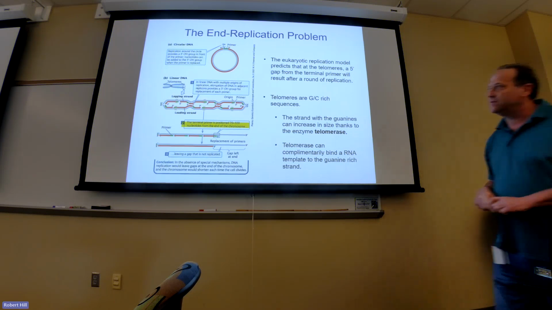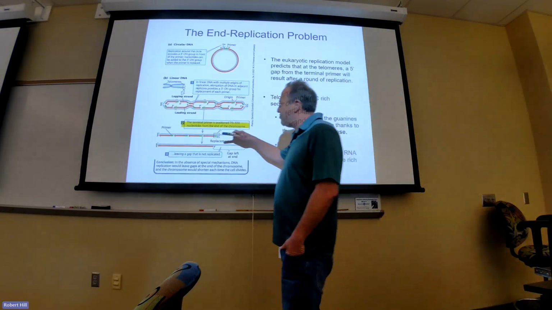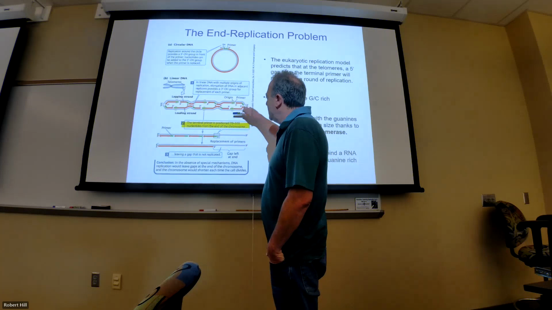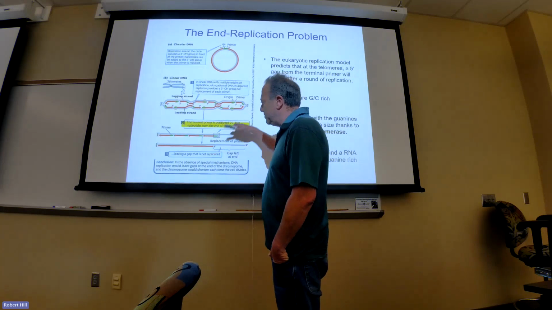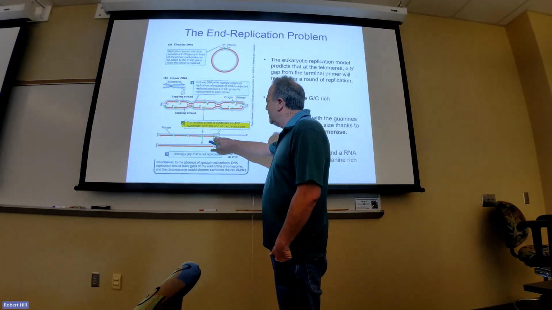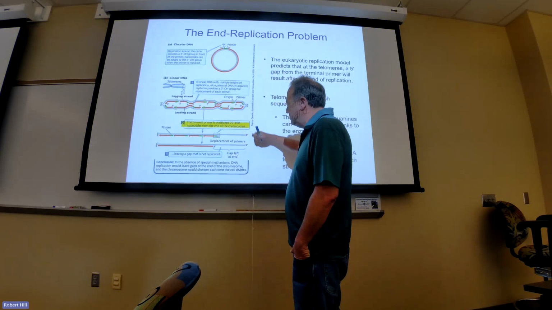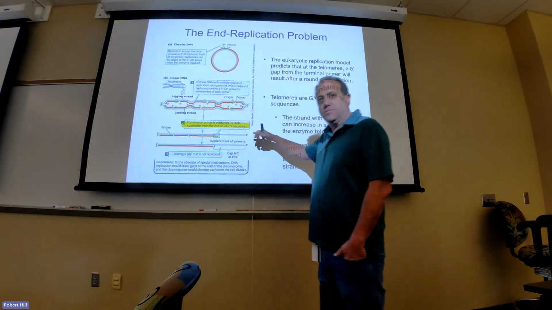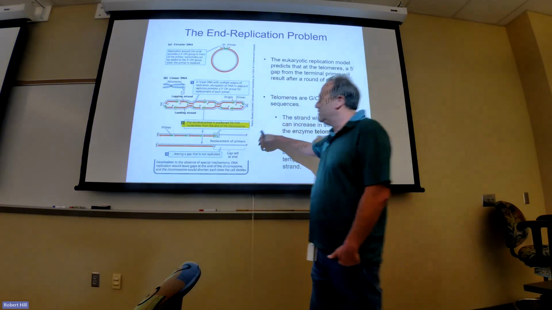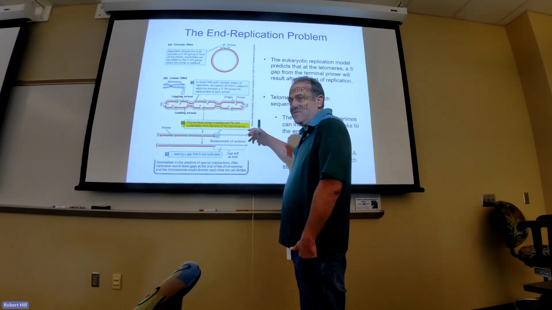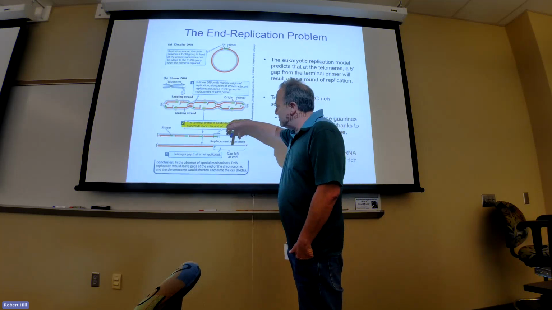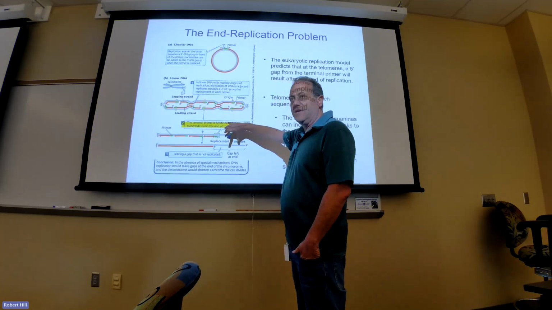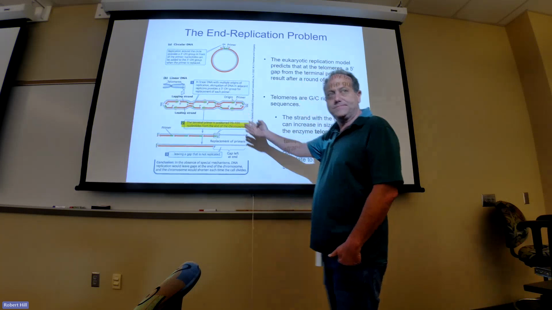And if you look over here, this is kind of blowing up the lagging strand. As you get to the end, you're going to be laying down more primers. And then you get to a point where you don't have any complementary base pairing for a primer. So you can't lay down a primer here because there's no DNA to bind it down to. So this whole segment is going to be unreplicated.